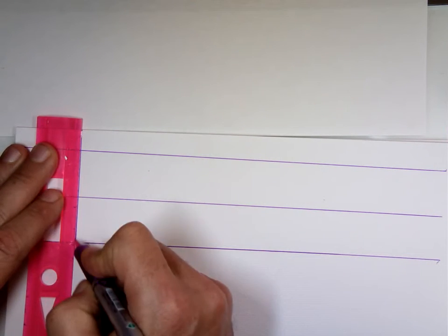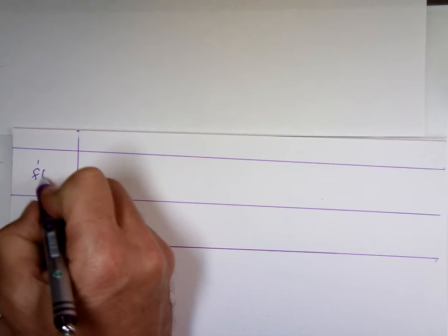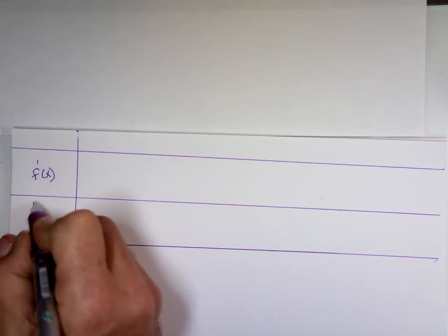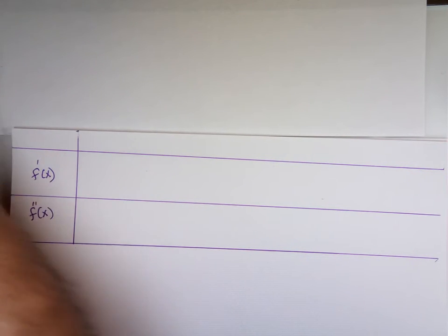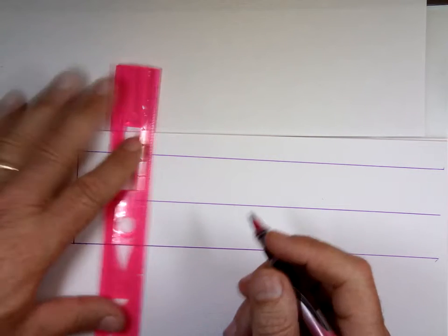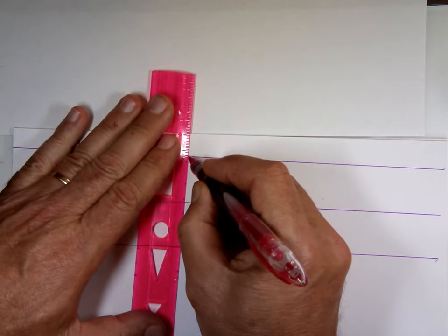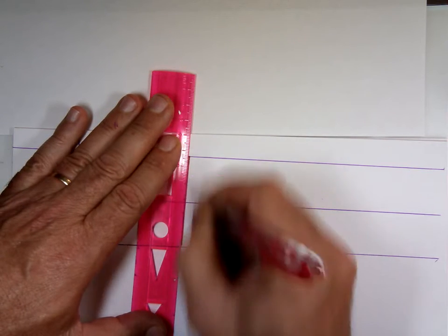This is for the first derivative. This is for the second derivative. We have vertical asymptotes at -4 and 4. And I always make them red because I don't want to miss them. I want to make sure I see them. I don't want to overlook, so I make them really bright colors.